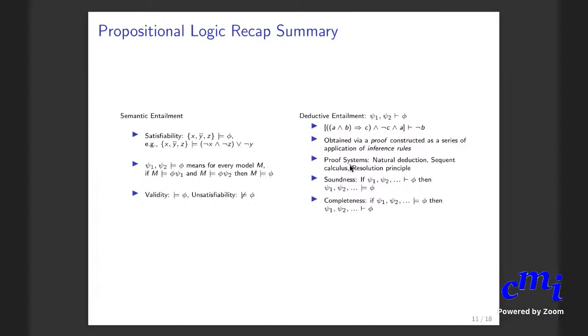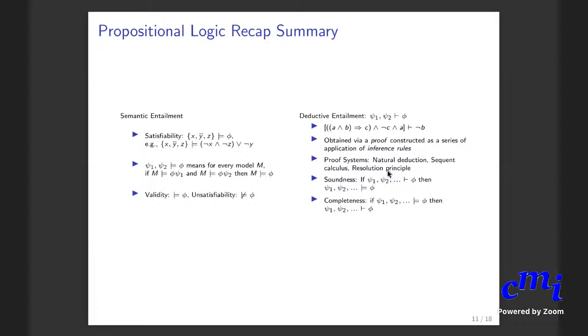Okay, there are different versions of proof systems that have been proposed in the literature on logic. Natural deduction is one such. Sequent calculus is one, and inference rules based on the resolution principle are also another one.